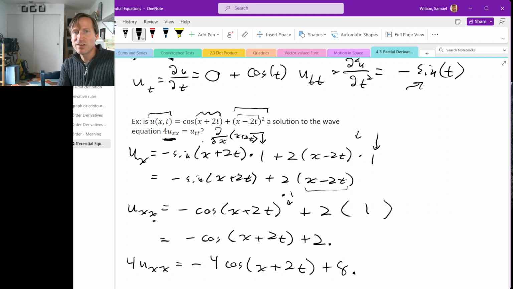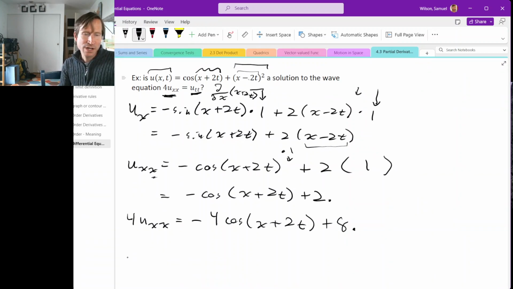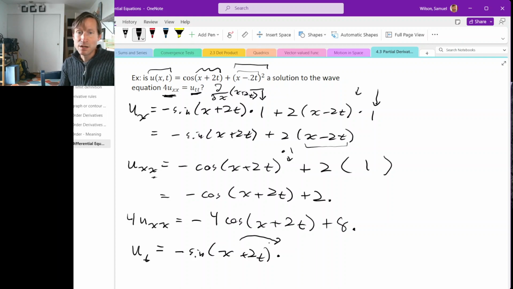Okay, now let's calculate the right-hand side of this partial differential equation for this particular function. So calculate our first derivative, u sub t. This is going to give us minus sine of x plus 2t times, and now we need to do the chain rule, multiply by the derivative of the inside. We're differentiating with respect to t now, so the derivative of x plus 2t with respect to t is 2.